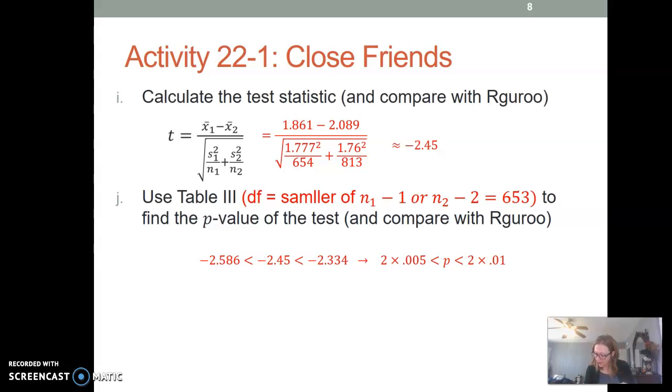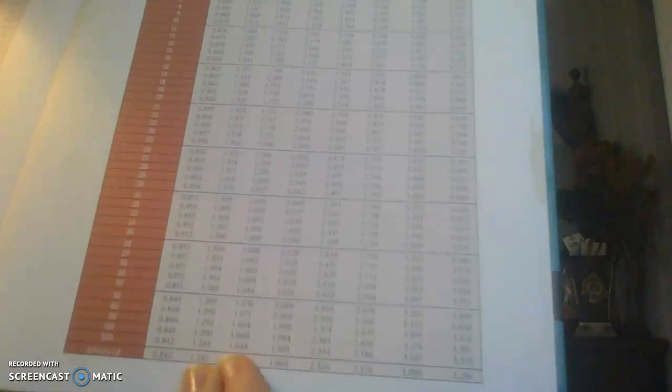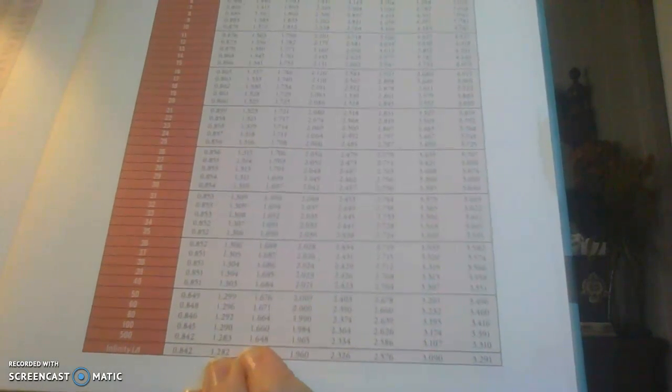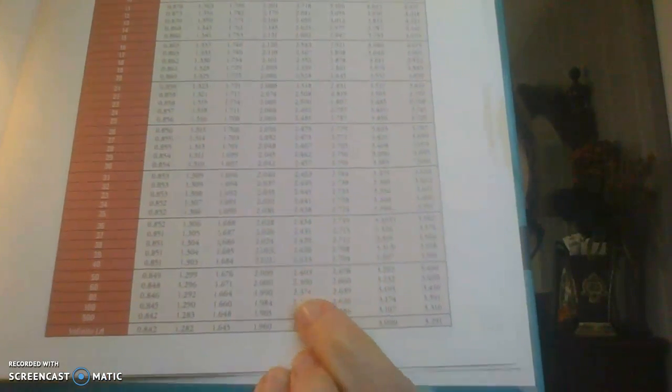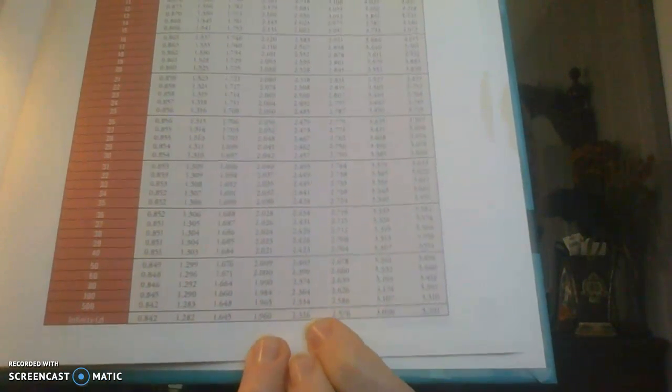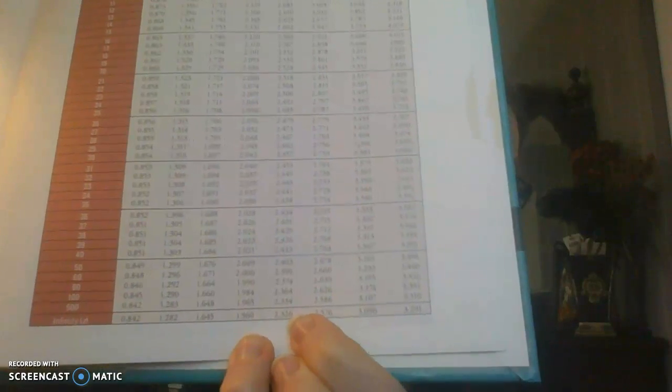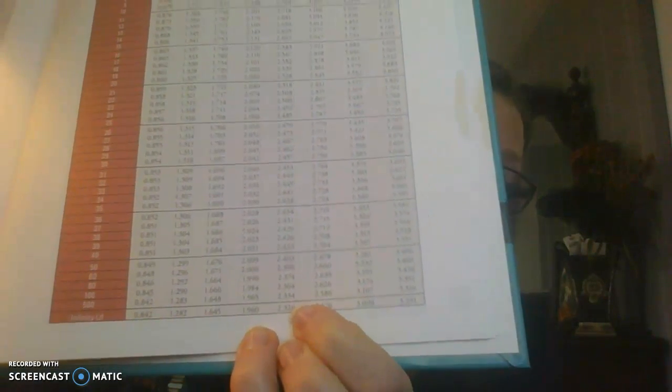Here I've got 2.334, which is right here, and 2.586. So my t-value is somewhere in between those.